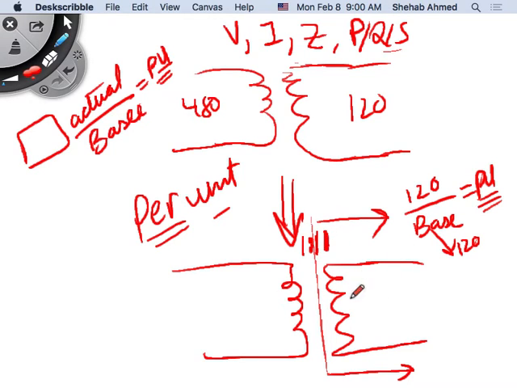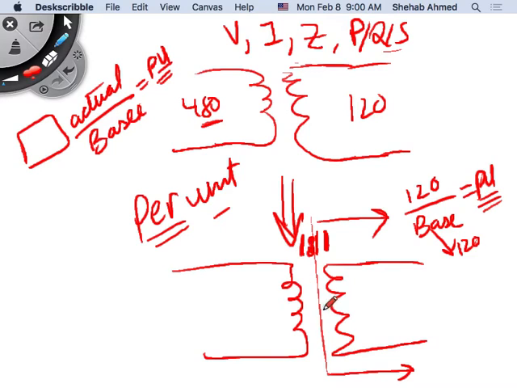I still have a transformer, but in my per unit equivalent circuit the secondary side voltage is 1. How about if I choose 480 volts as the base value on the primary? Then I also have a per unit voltage on the primary of 1.